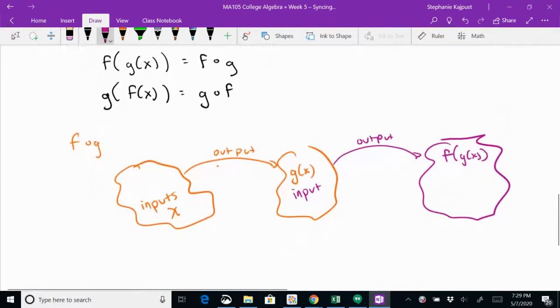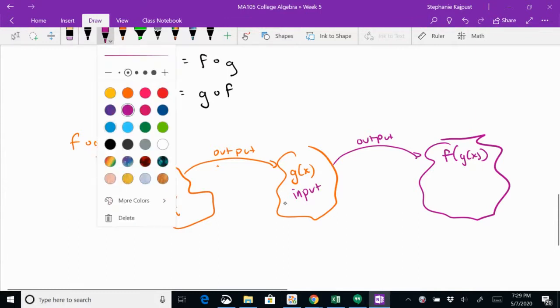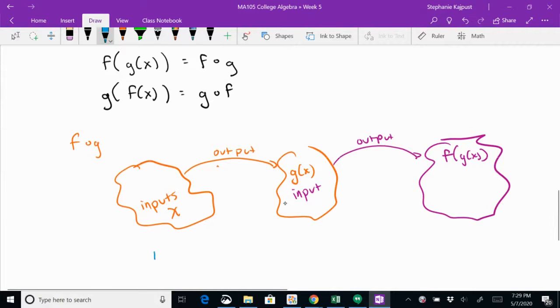So when you're thinking about the domain of f of g of x, we have to think about the domain of x and the domain of g of x, because both of those are inputs. So domain is all about the inputs.